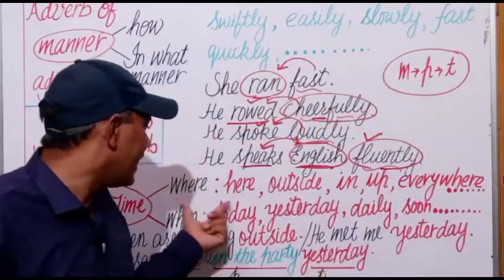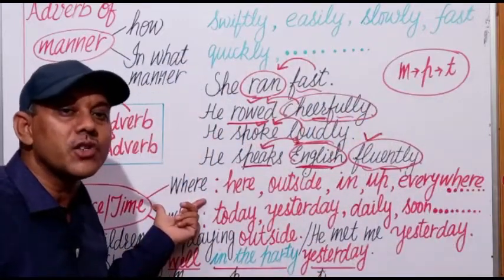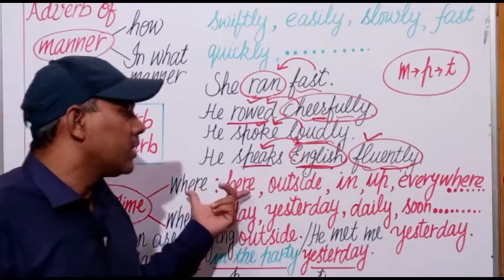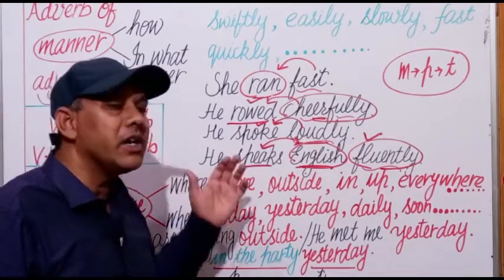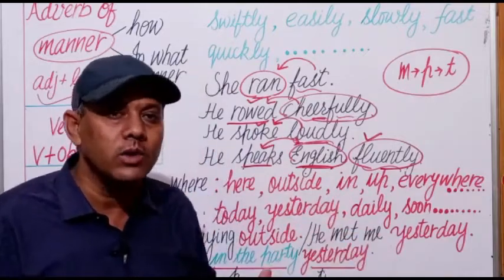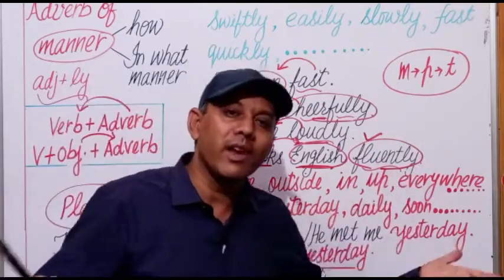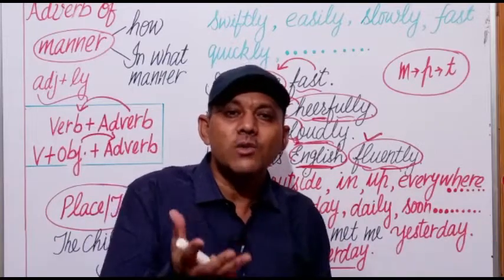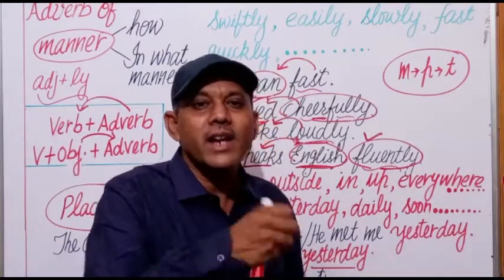Now, what does adverb of place tell? It tells the place, where. It answers the question where. There are a few words, for example, here, there, outside, up, down, inside, everywhere, etc. These words tell the place of action.